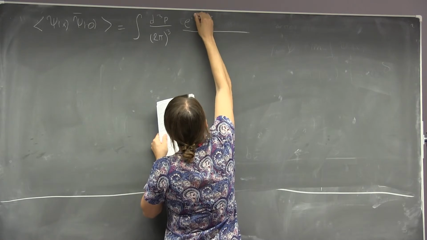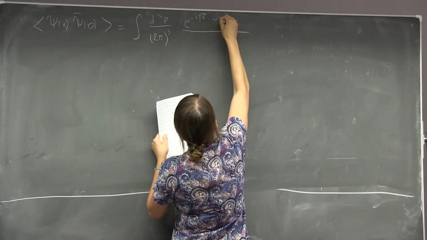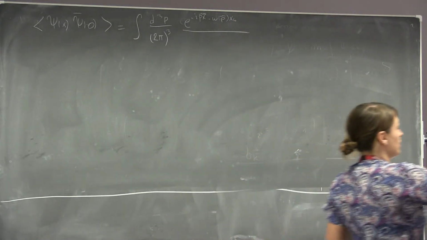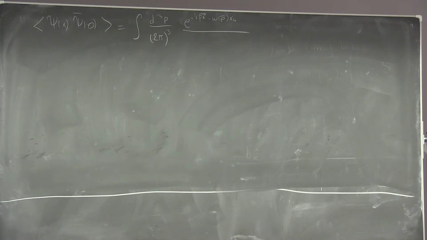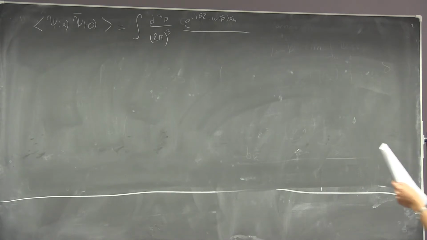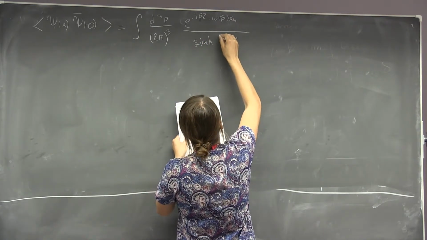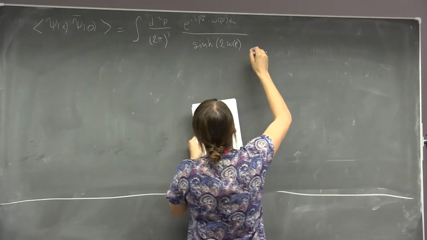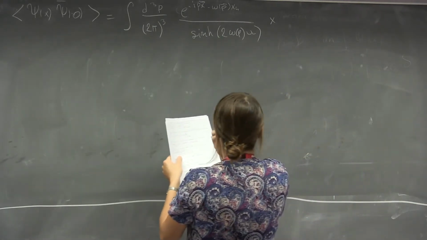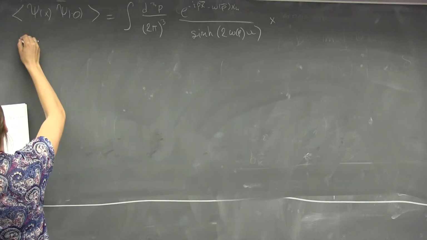e to the minus i pi x minus omega p x4. We said we'll call omega this energy in the time direction, so the time component of the momenta, divided by sinh of 2 times the energy in lattice units, times, and then a rather lengthy expression for which I'm going to use the whole next row.